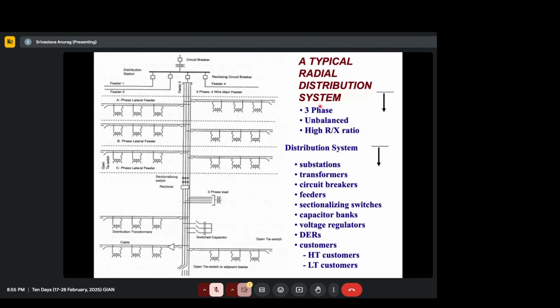Okay. So this we call three-phase unbalanced because the load is more here, less here. We cannot control that. It depends on how someone is switching in and switching out some of the things. And also, because of this, it makes the distribution system different because resistance is high and inductance is low.